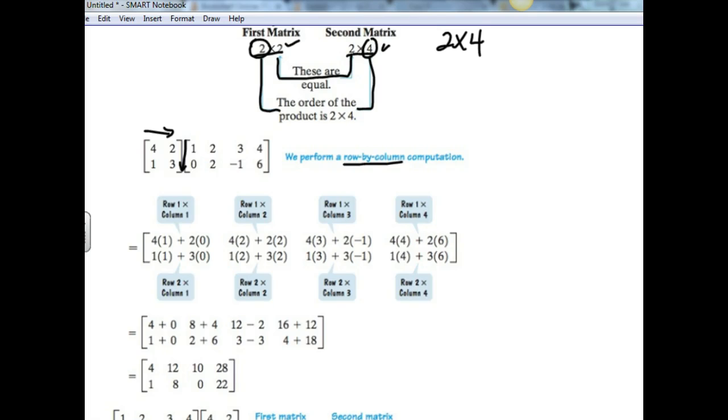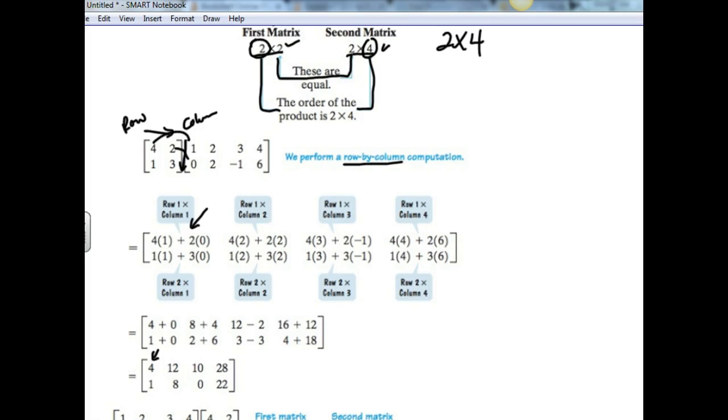So in row 1, column 1, you're going to multiply row 1 by column 1, and then add those two products together to get your final answer. That would be 4 times 1 plus 2 times 0, which is 4 plus 0, or just 4.